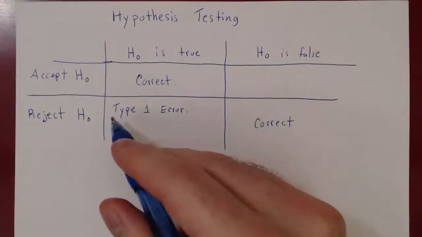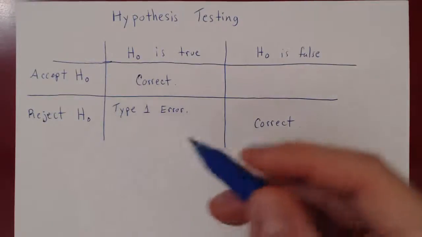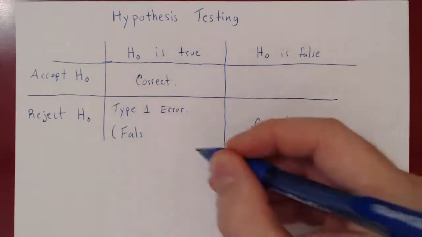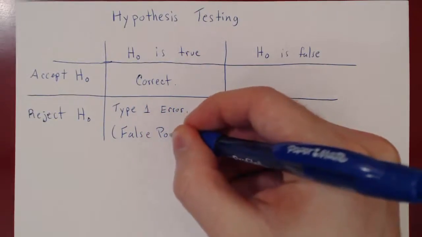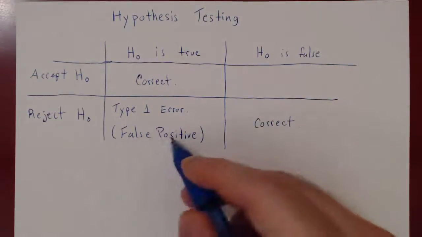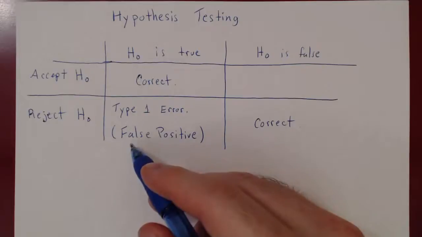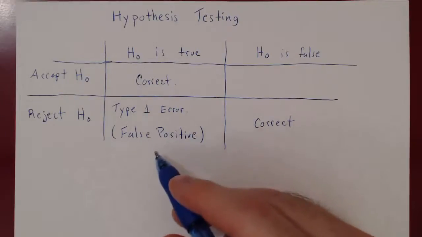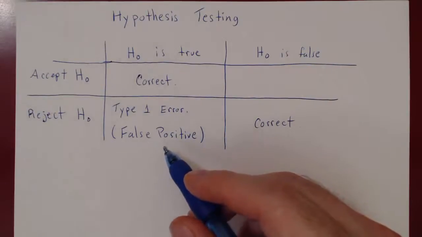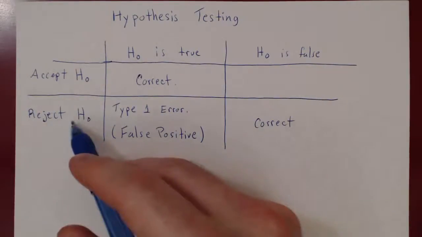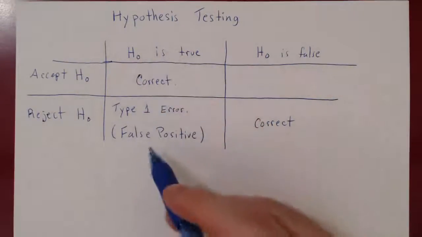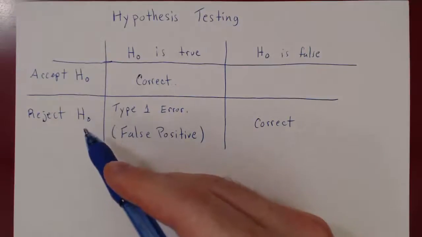I'm not a big fan of the terminology type 1 error. I prefer, you'll see why in a second, the term false positive, which is much more intuitive. Think of what this says. False means you were wrong, and the adjective positive, and you'll see here negative, is about the possibility of a change. So if you reject H0, and H0 being the hypothesis of the status quo of no change, by rejecting H0, you say that there is a change.